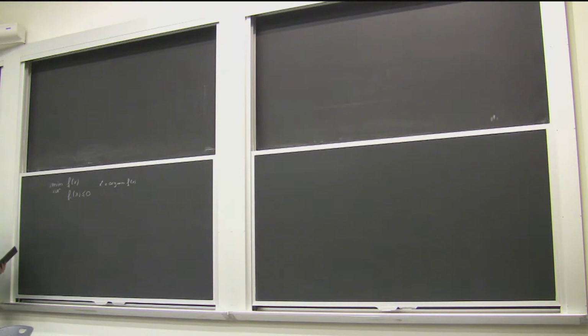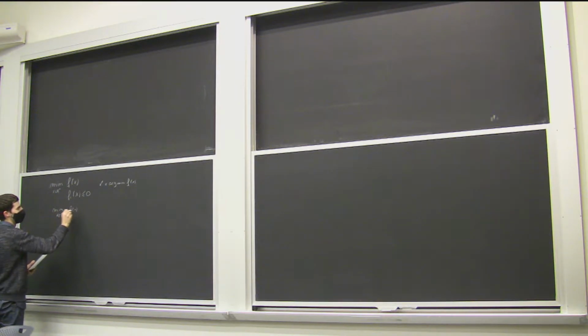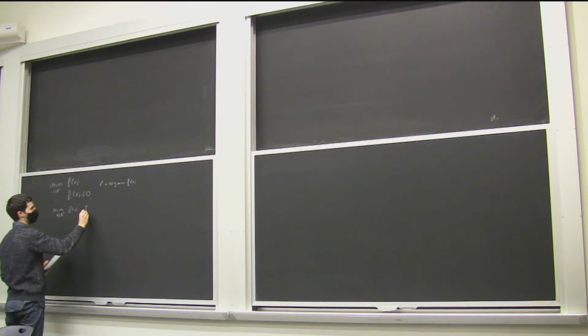Okay, so we'll first see what we like to call the Lagrangian function in optimization. So first notice that in a kind of artificial way, you can rewrite this problem using the indicator function. So you could say this is the same as minimizing this function without constraint, where you have the indicator function.